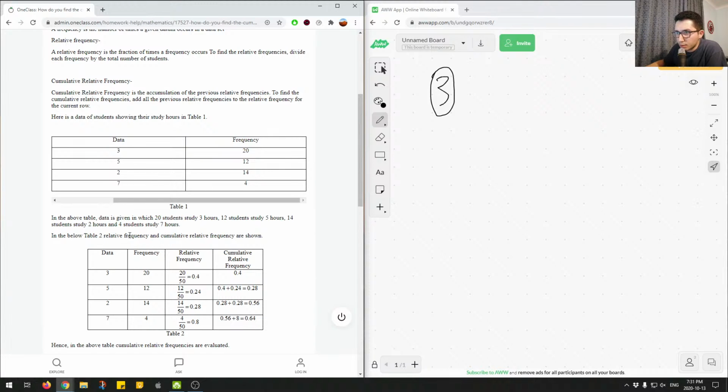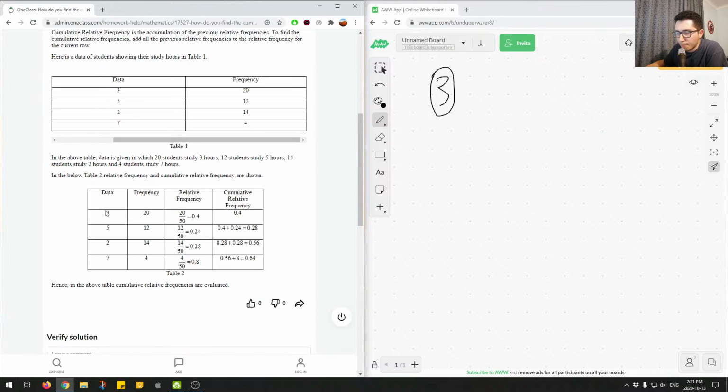In the table below, table 2, we're calculating relative frequency and cumulative relative frequency. So here we can see that we start off with 20. We do 20 divided by 50. So 50 here is adding up all these numbers. So we have 20 plus 12 plus 14 plus 4, and that would be 50.